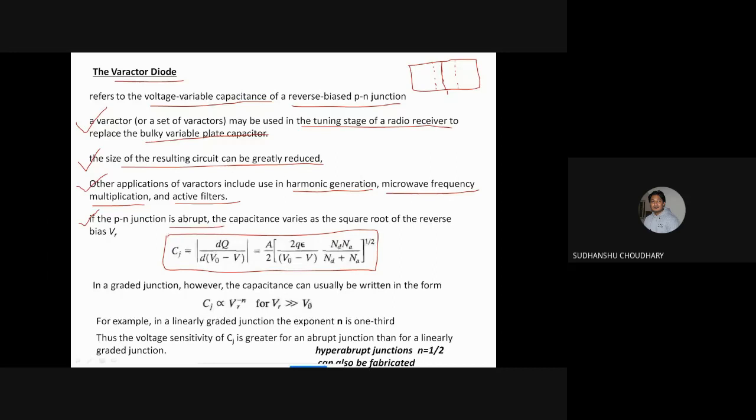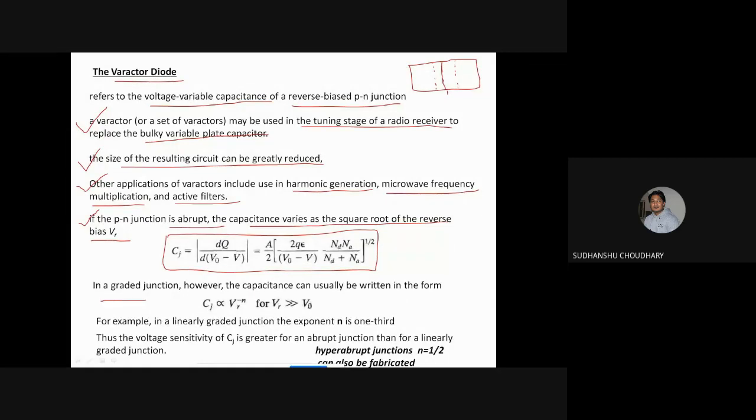We understand that there are two types of junction, abrupt junction and linearly graded junction, which we had talked about earlier. So far what we have calculated is for an abrupt junction, where the junction capacitance varies as the square root of the reverse bias.